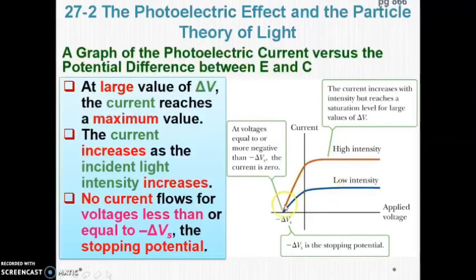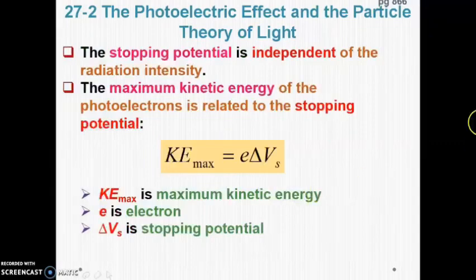Now at the stopping potential, for both the high intensity and low intensity graphs, the current becomes 0. So the stopping potential is independent of the radiation intensity.